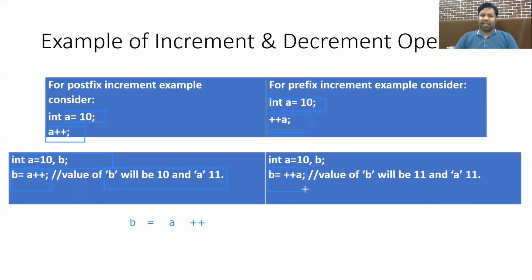Now assign the value of a to b. So what is the value? Current value of a is 11. So b will also become 11. So what will be the output? b will be 11 and a will also be 11. I hope you are able to understand the difference between the pre and the post increment. Similarly, we can apply the pre and post decrement on some expression.